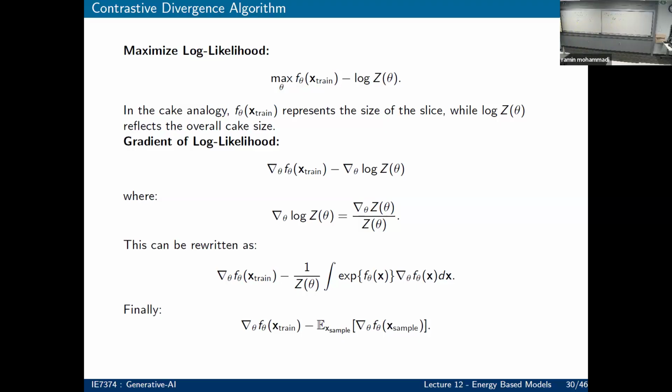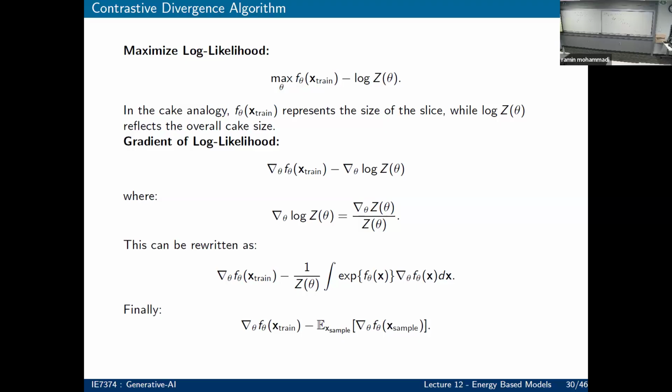Now, about this term, the gradient of log Z theta, it can be written as the gradient of Z theta, because the derivative of a log becomes 1 over Z. Pick this, replace it with this one, and this term comes out.